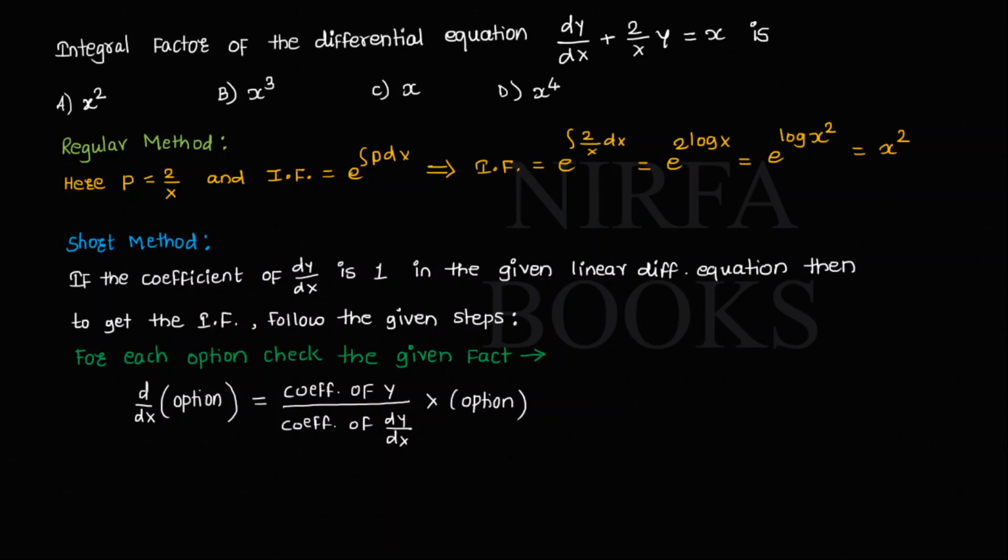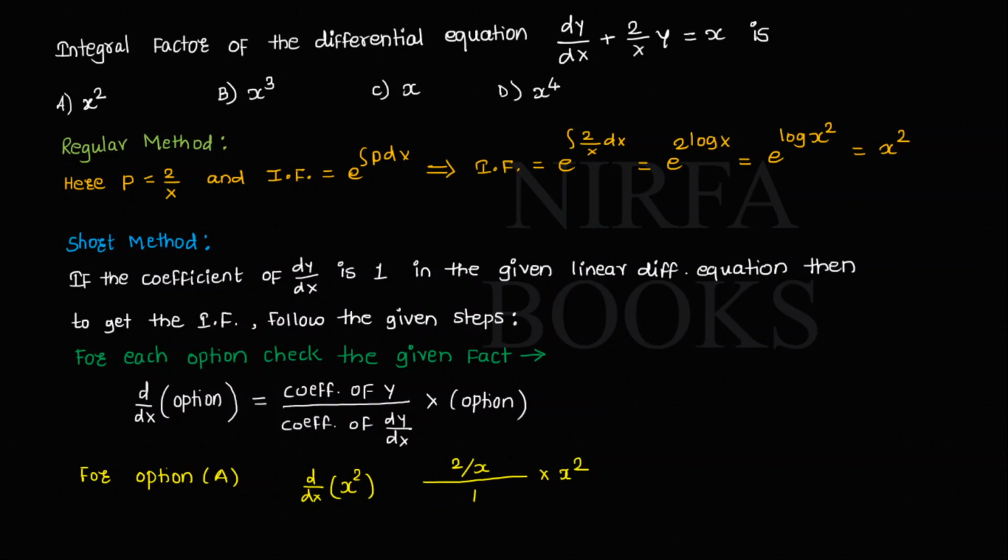So if I am considering option A, that is x square, then the derivative of x square I am putting in the left hand side, then coefficient of y, that is 2 by x, divided by coefficient of dy by dx, that is 1, and again multiply by the value which is present in option A, that is x square. We have to check whether these two sides are equal or not.